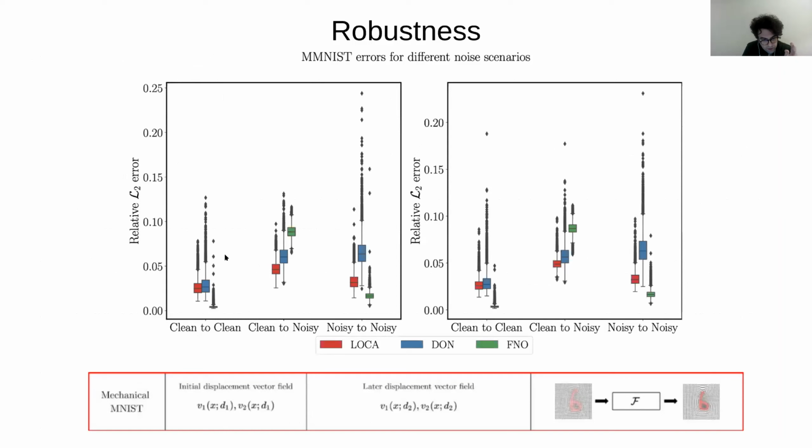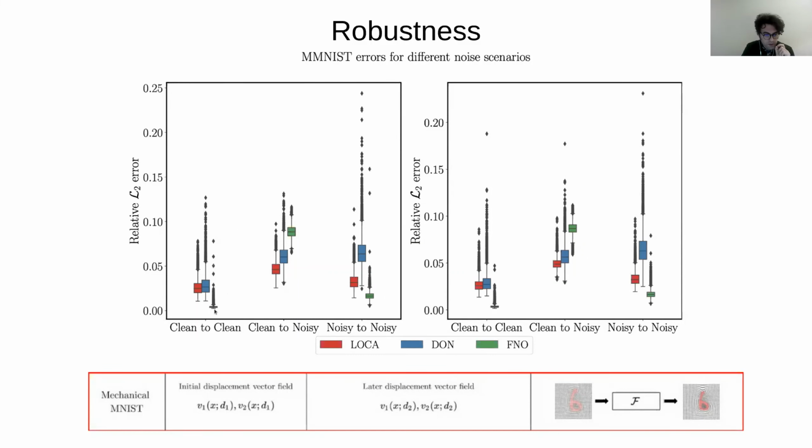Okay, and now you see the results. The results are clean to clean, clean to noisy, and noisy to noisy. Obviously, the displacement is a vector, right? So you have one displacement on the horizontal and one on the vertical axis. That's why we have 2 bar plots. And what you see here is red is LOCA, blue is DeepONet, green is FNO.